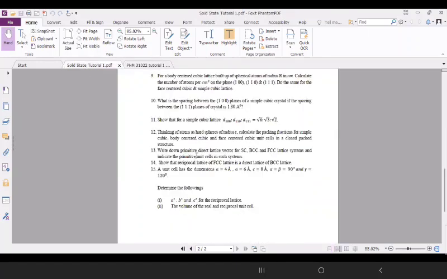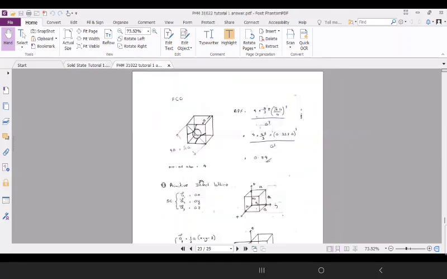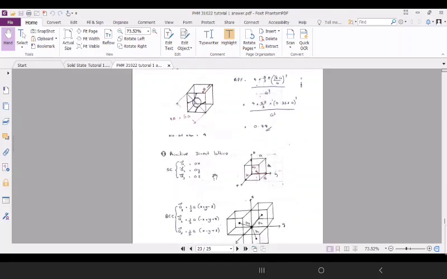They are asking for the direct lattice vector for all three. So here we wrote for the SC, simple cubic.